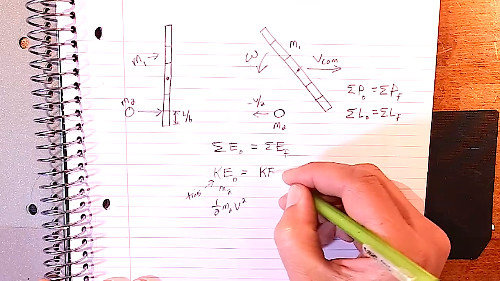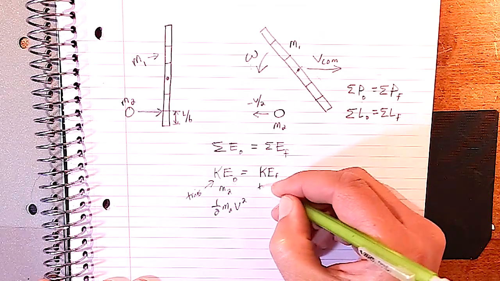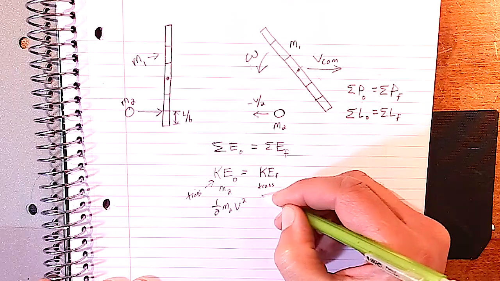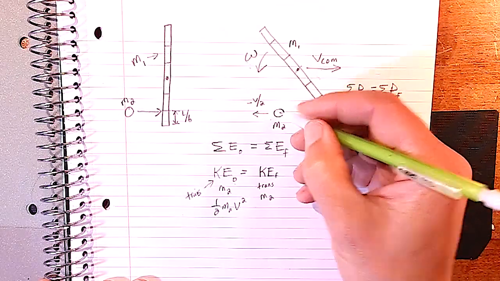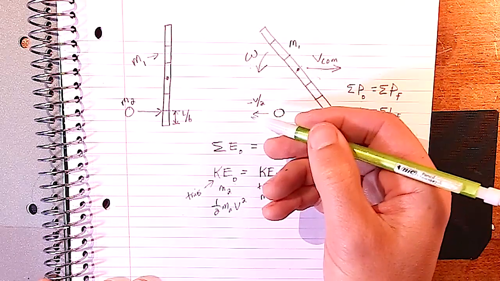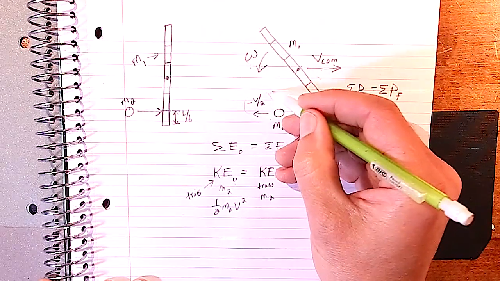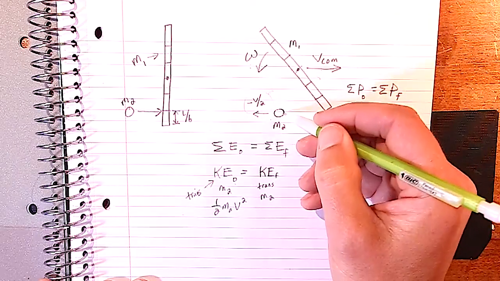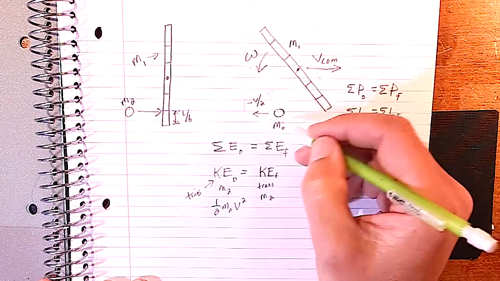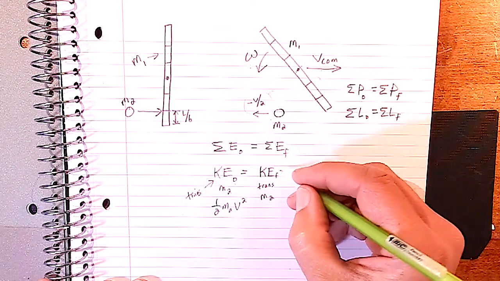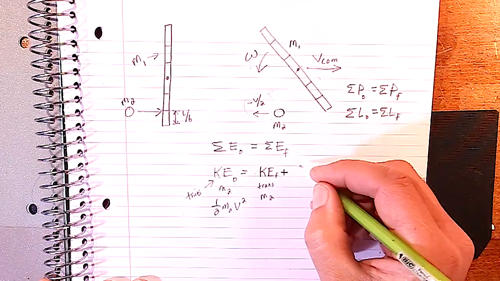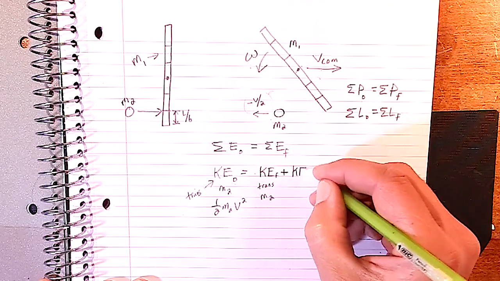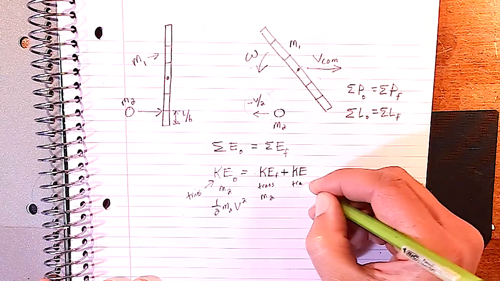That's going to be KE final trans of the ball. That's M2. So this ball has kinetic energy. Now, it doesn't matter that it's moving in that direction because this is squared. You can also think of it as a scalar. So as long as it has energy, it doesn't matter the direction it's moving. So that's positive. Plus, what else do we have? Well, we have KE trans of the rod.